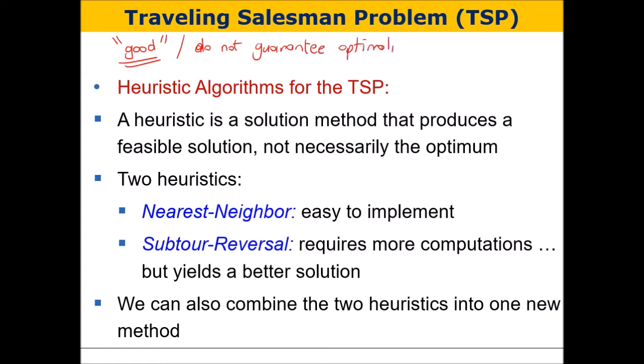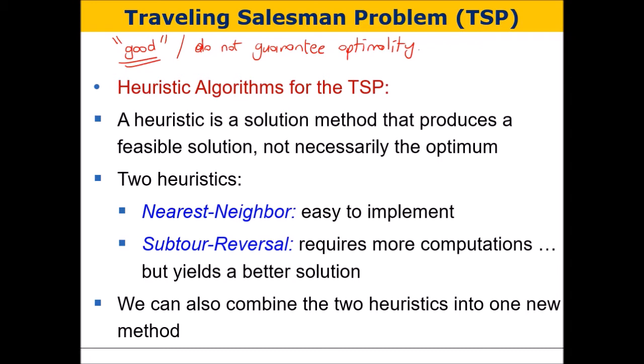How do we know that these algorithms provide good solutions? Because they have an idea behind them. They try to make good steps and good decisions, but usually they are myopic. They cannot see the future. Just looking at the current situation, they try to do their best. Because of this, they provide good solutions, but they don't guarantee optimality.